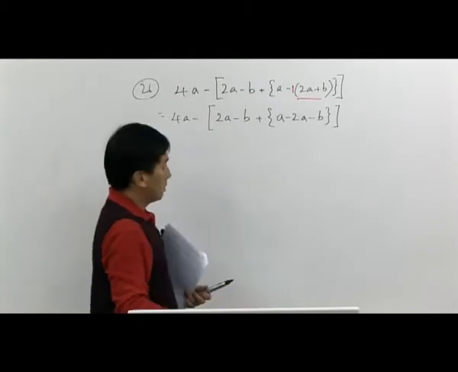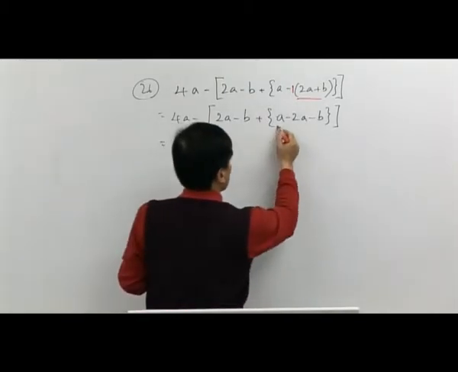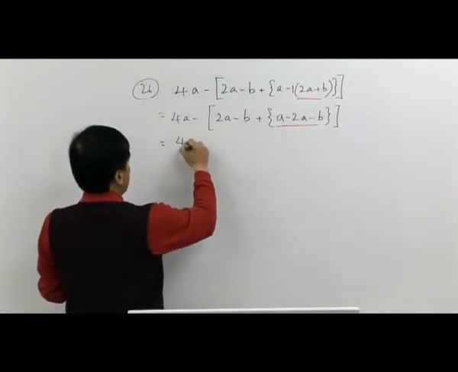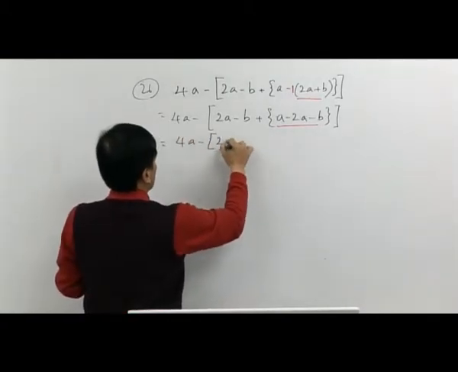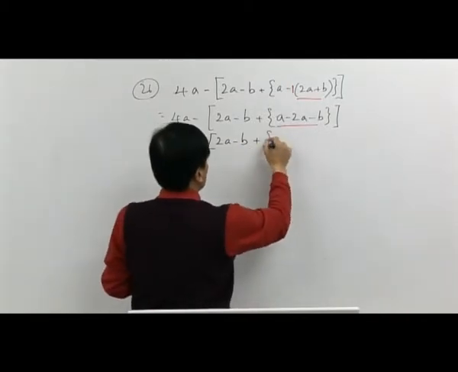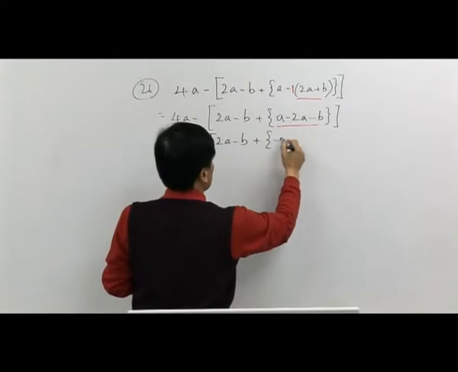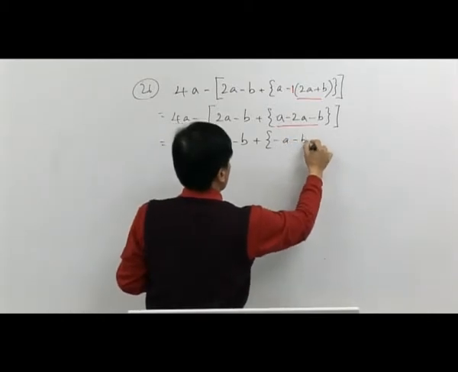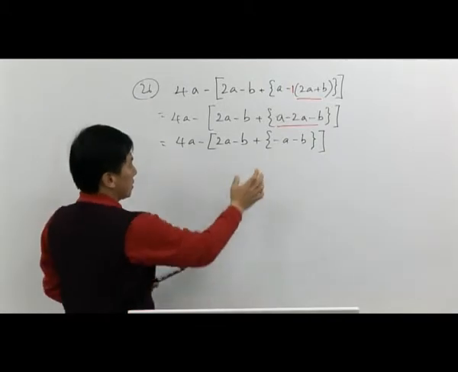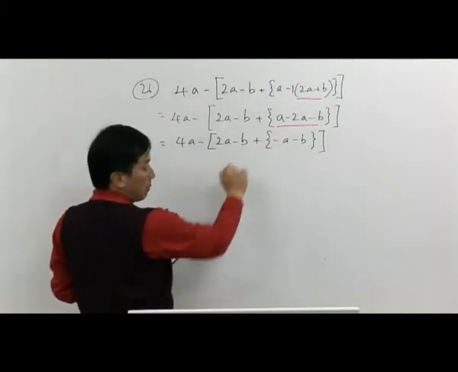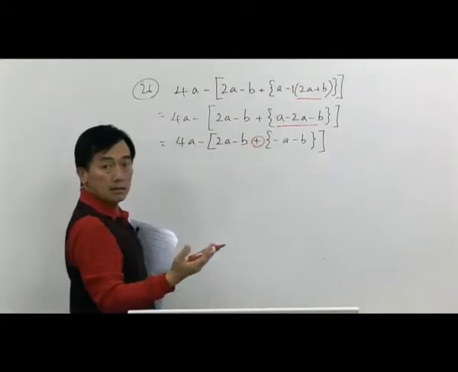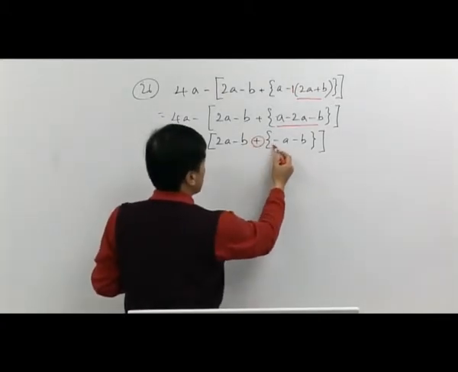Now we need to simplify what's inside this bracket. So that will be 4a minus 2a minus b plus a minus 2a is minus a minus b, and close the bracket. We need to get rid of that bracket. With the plus sign in front, that's not going to make any difference to these two signs.